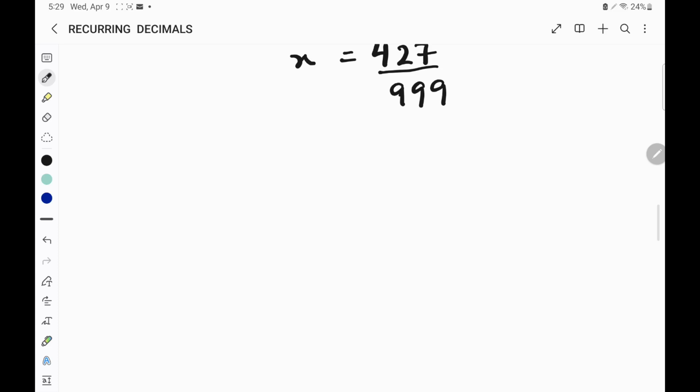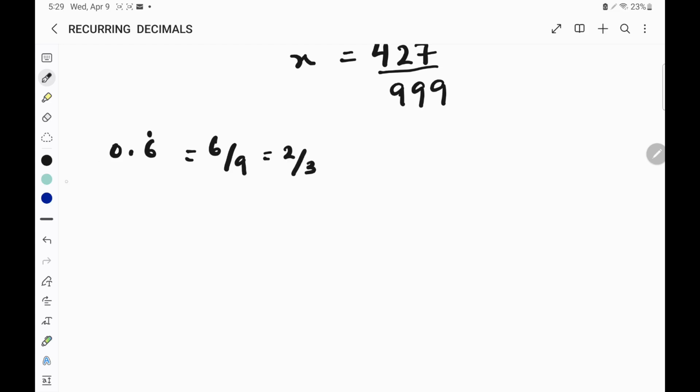In any case, if you can simplify, then please simplify the answer. So for example, if I take 0.6 as a recurring decimal, it will be 6 over 9, or you can write 2 over 3.